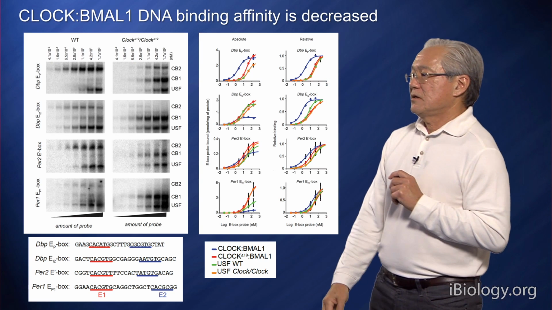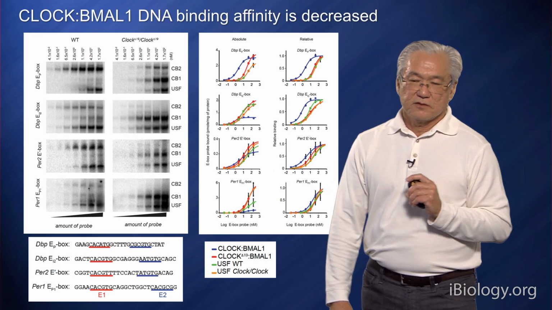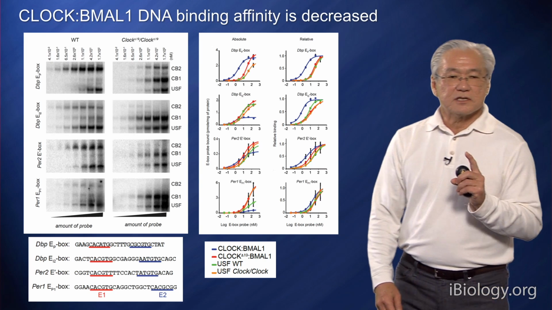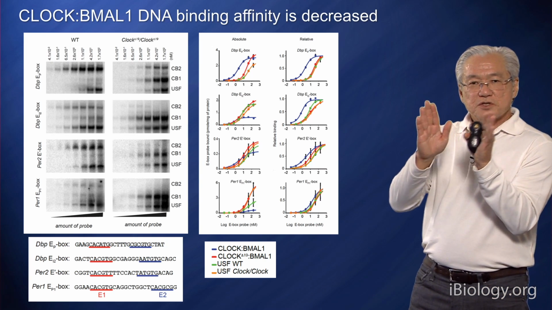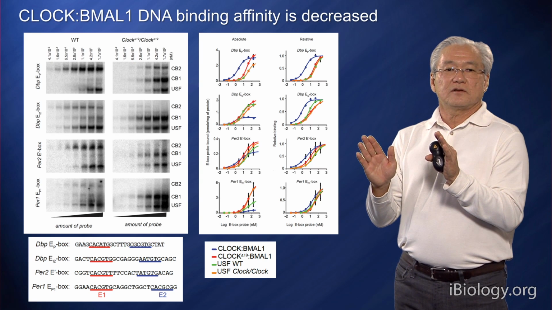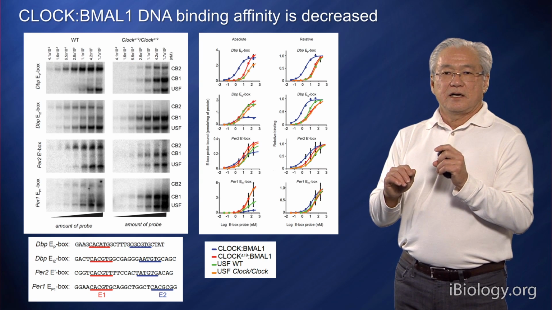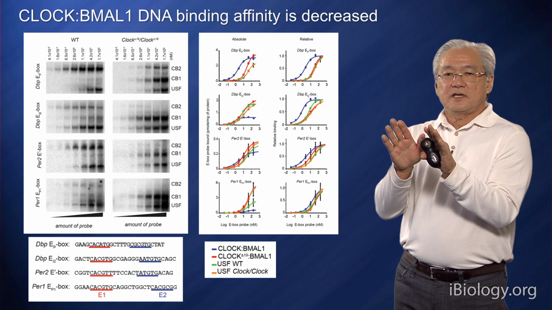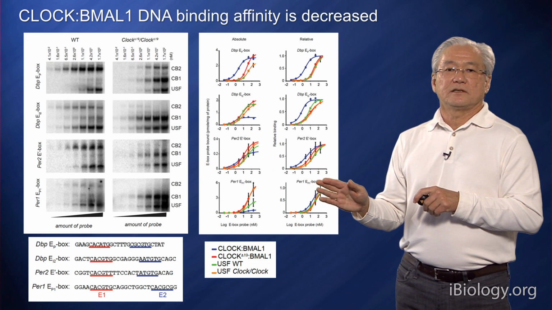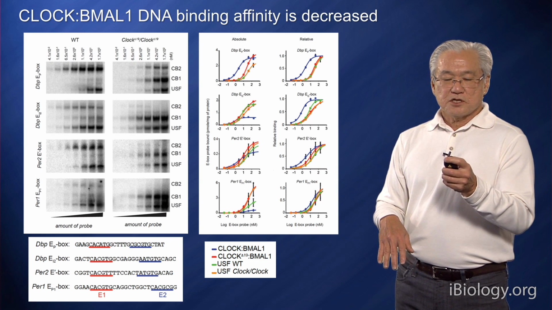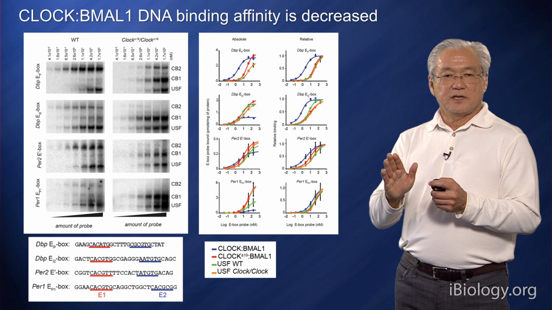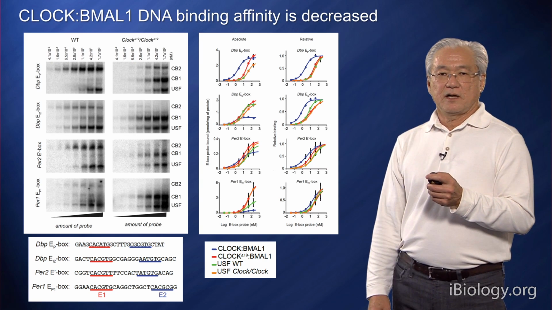So there are a couple things going on here. The first is that the clock mutant is actually reducing the binding affinity of clock B-mel such that the affinity is much closer to USF1. And under these conditions, we think that USF1 might be able to then compete with clock B-mel.